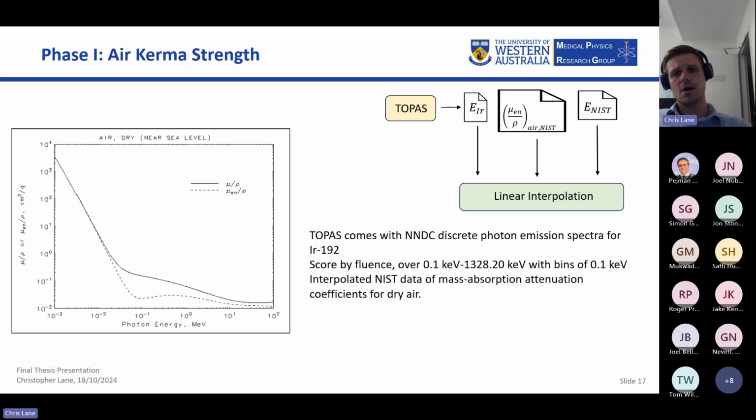I then obtained some NIST data for the mass energy absorption coefficients for dry air near sea level, and the energy ranges associated with that. And then I used a linear interpolation to work out the mass energy absorption coefficients over the energy range that I needed.